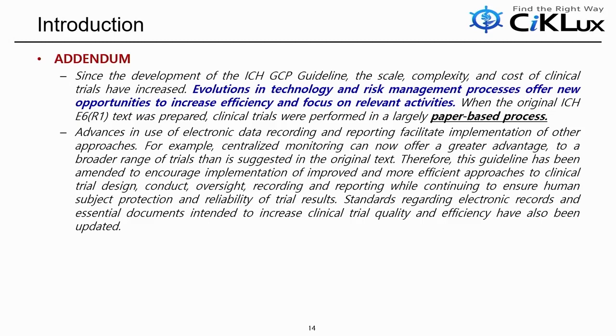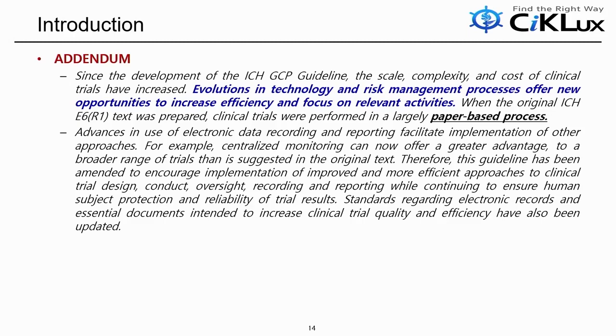So quality management can be done based on risk. We capture risk and evaluate risk. And the tools for that risk assessment became available. For example, central monitoring and risk-based monitoring can all utilize electronic systems.